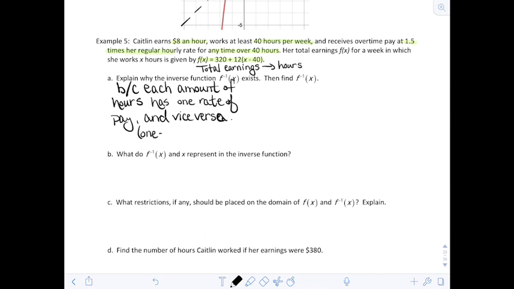So this essentially represents a one-to-one function.